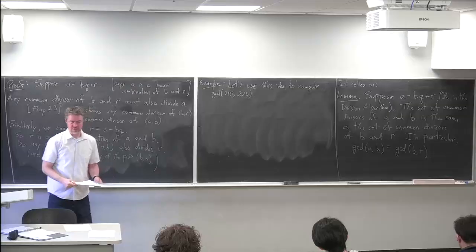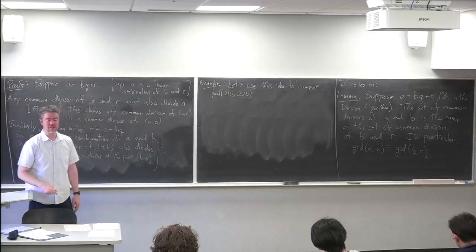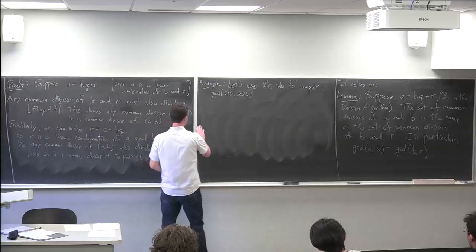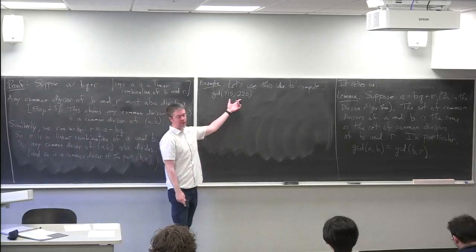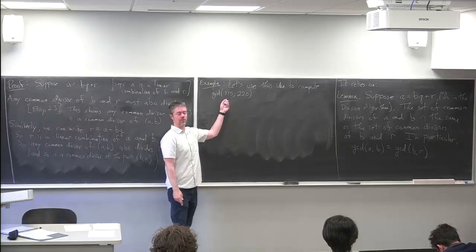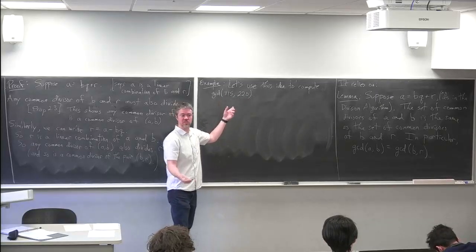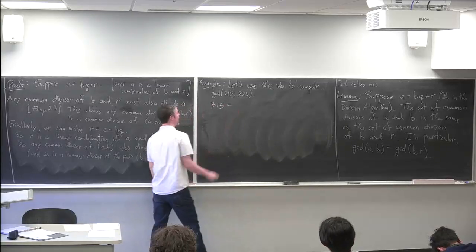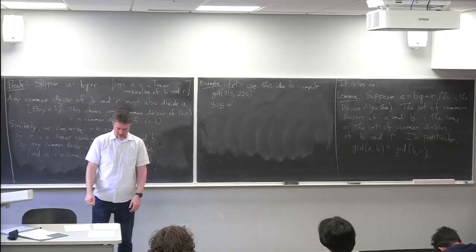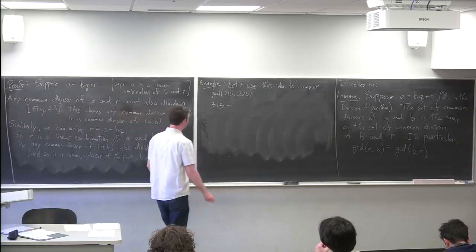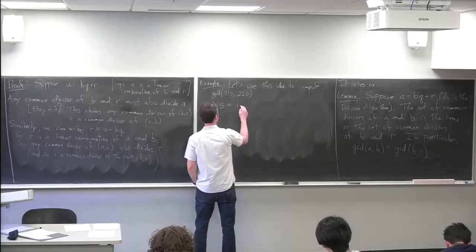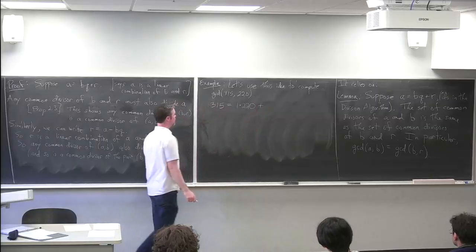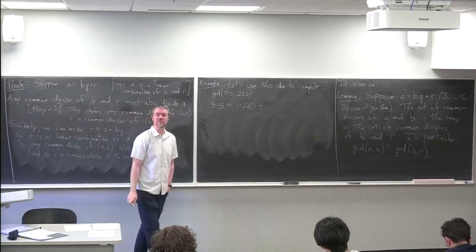We have established that via other means. But here's the idea of the Euclidean algorithm. Take this pair of integers and divide the smaller one into the larger one, as in long division. If you divide 220 into 315, it would go in one time, right? You would have 1 times 220, and you would have a remainder of, I guess, 95.